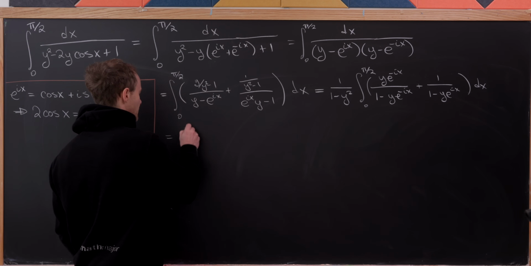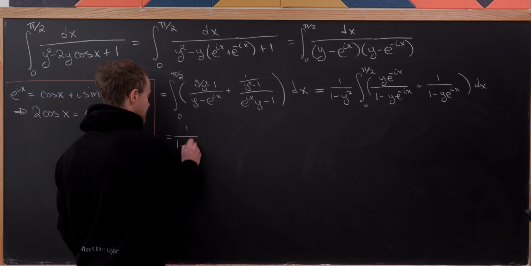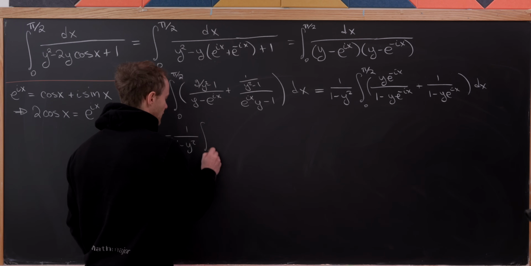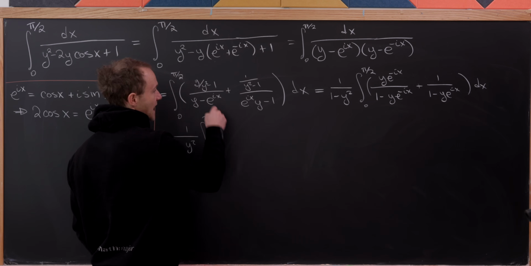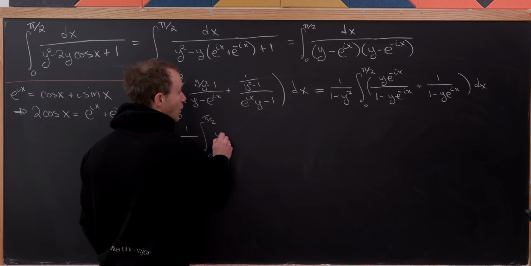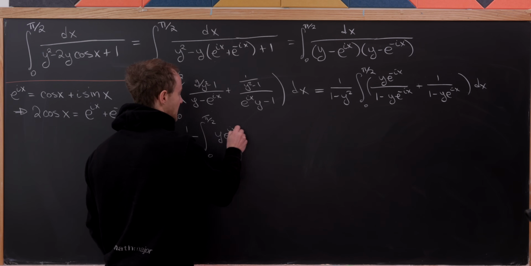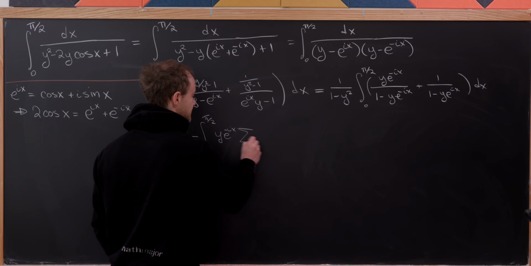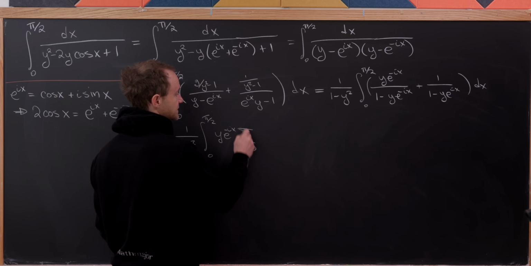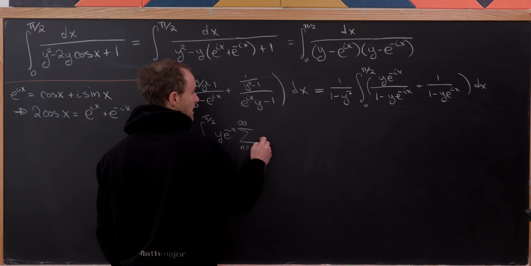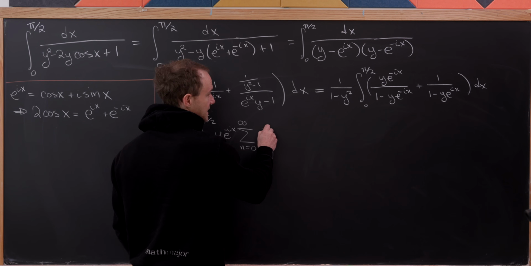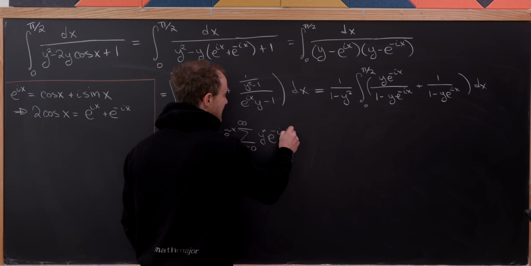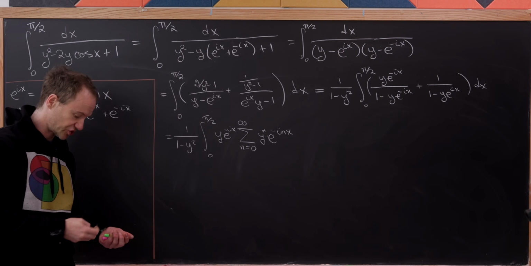So that's going to leave me with 1 over 1 minus y squared. And then we'll have our integral from 0 to pi halves of y times e to the minus ix times the sum as n goes from 0 up to infinity of y to the n e to the minus inx. So that's our first term.